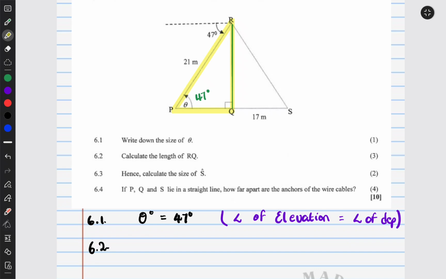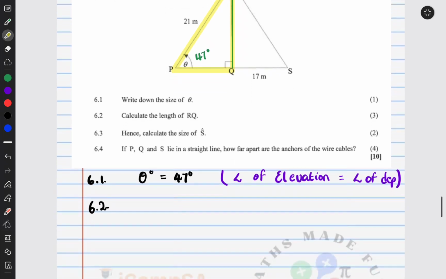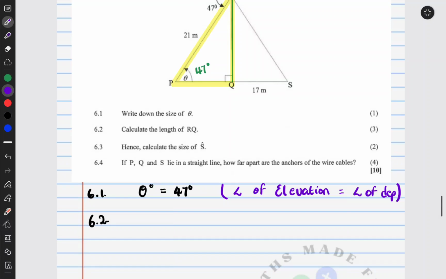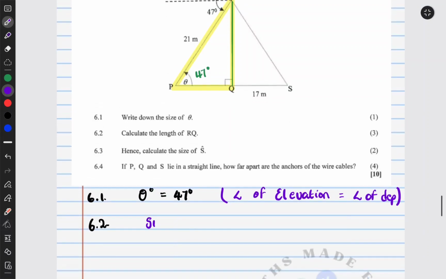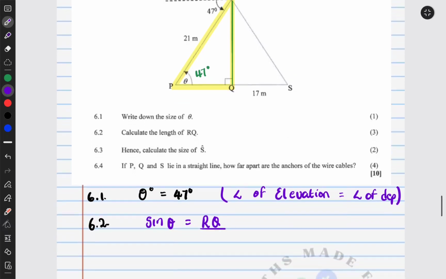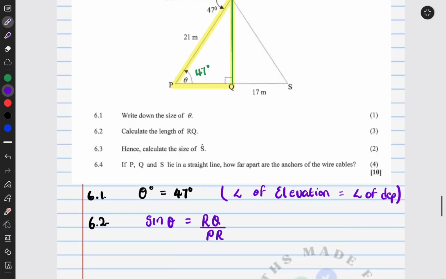So we have 21 the hypotenuse side, we have 47, we are looking for RQ, the opposite side. We can use the sine function to determine RQ. So sine theta is equal to opposite RQ over hypotenuse PR.